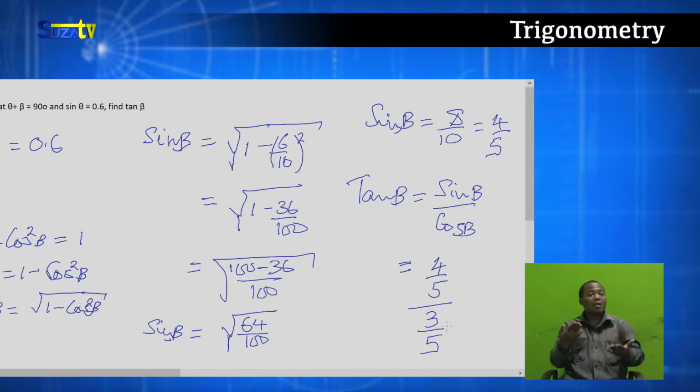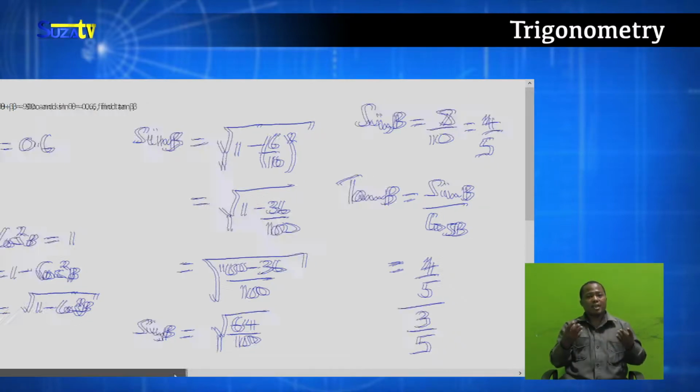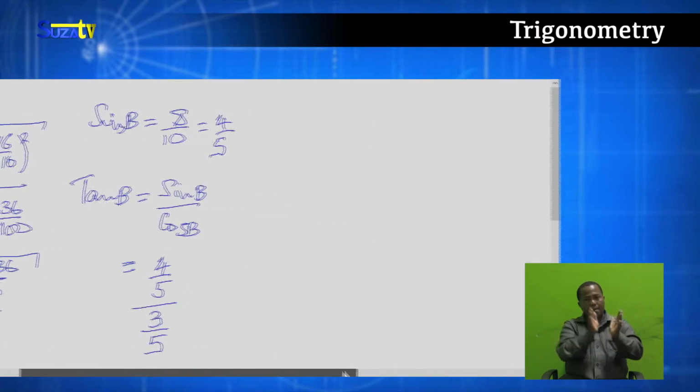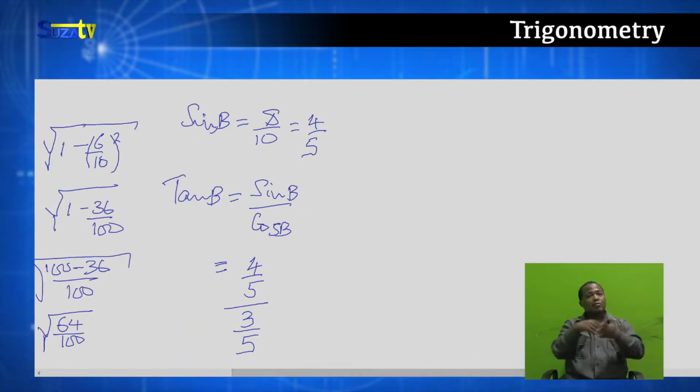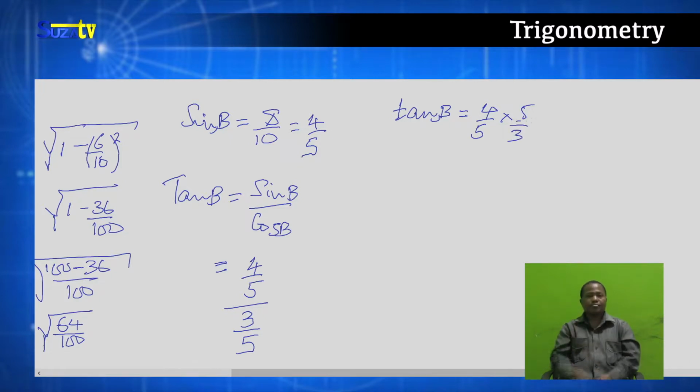So what remains here is just simplification and putting things in a clear way. We can finally have tan of angle beta equal to 4/5 times 5/3.